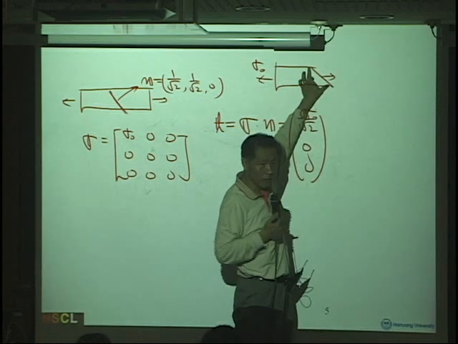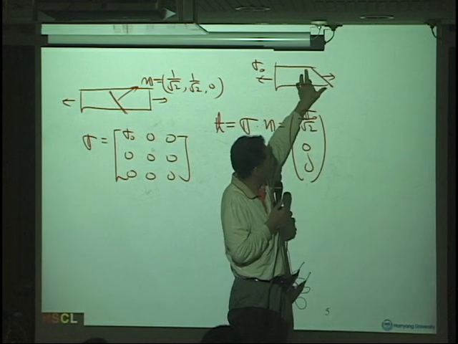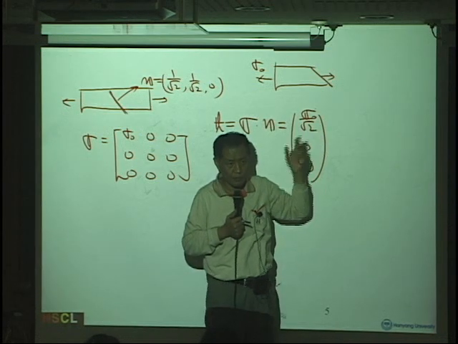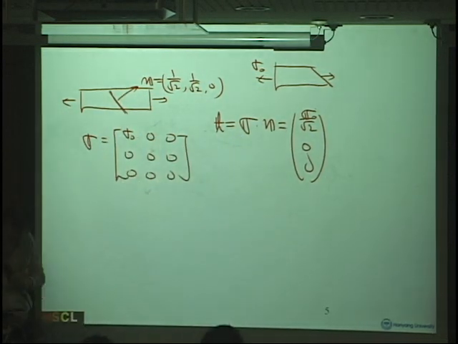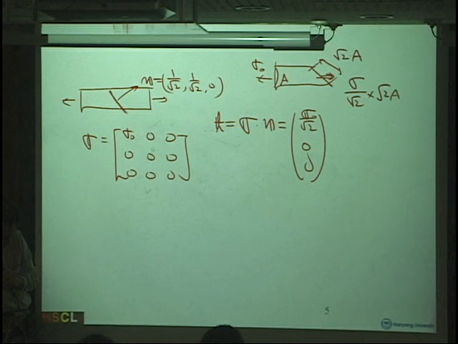Yes, the cross-sectional area has increased. If this is A, then this area will be root 2 times A. So sigma over root 2 times root 2A is the same as sigma 0 times A. Force equilibrium. Am I right? Okay, that is the traction.